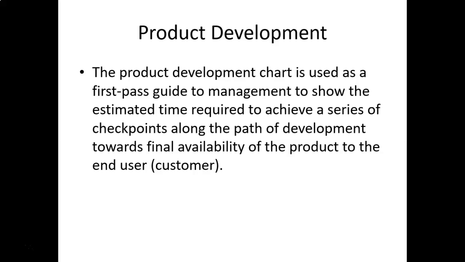Product development is actually a chart which is used as a first pass guide to management to show the estimated time required to achieve a series of checkpoints along the path of development towards final availability of the product to the end user, which is the customer.